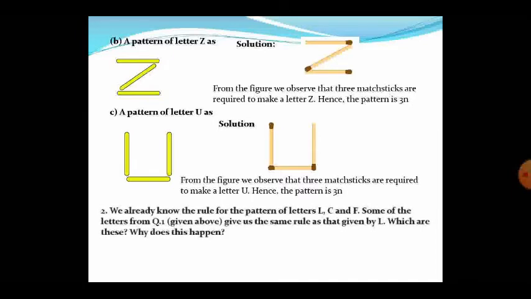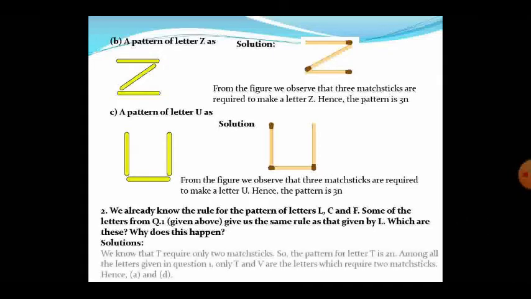We already know the rule for the pattern of letters L, C and F. Some of them, like letter Q, give us the same rule as given by L. Which are these? Why does this happen?